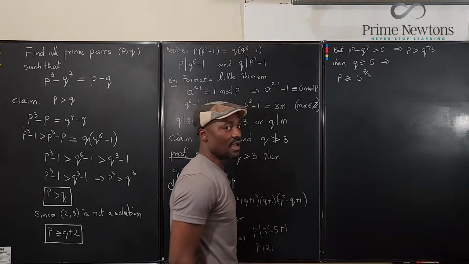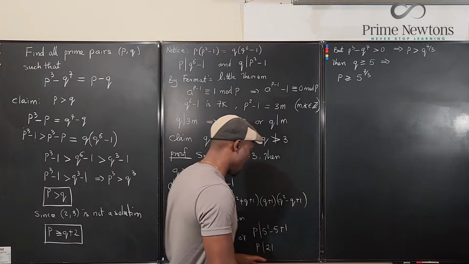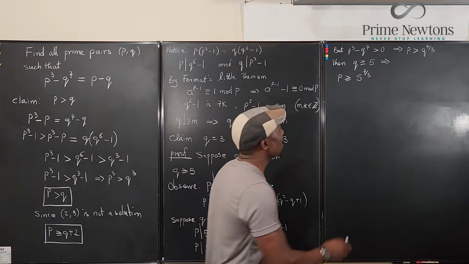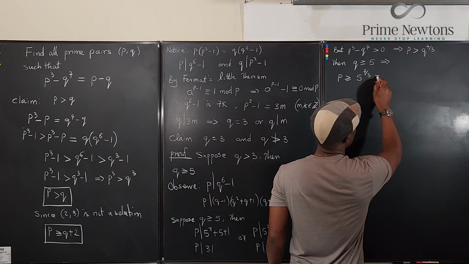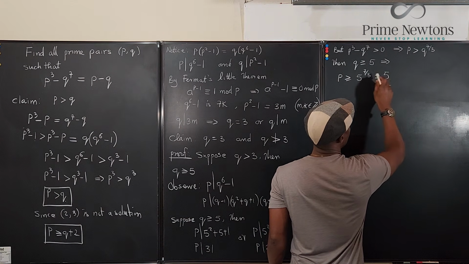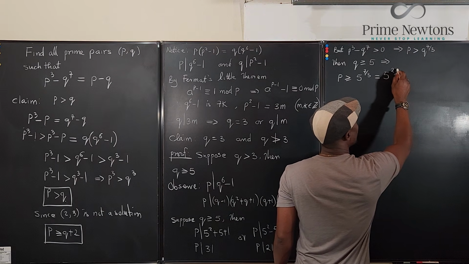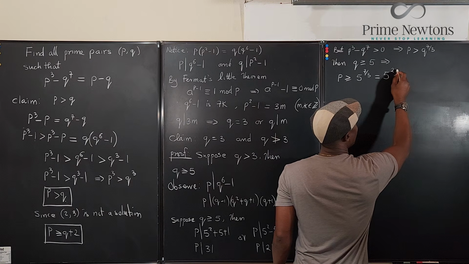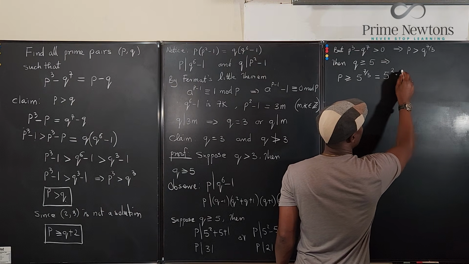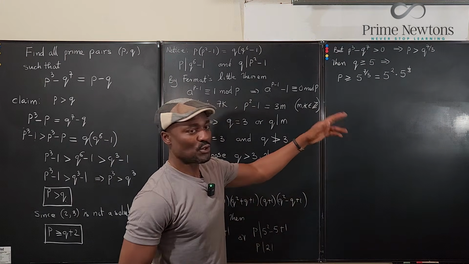If you plug in 5, this will not give you a number less than either of these. How do we know? This would be 5 to the, how many 3s are in 7? We got 2 and 1/3. That's going to be 5 squared times 5 to the 1/3.